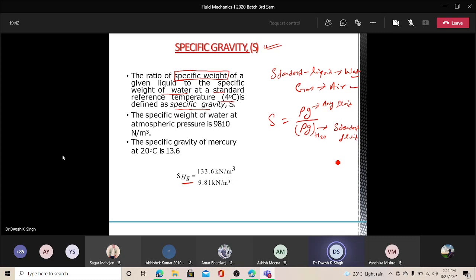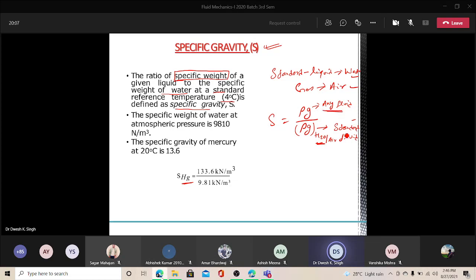Maybe if you are using other gases, then sometimes air is used also. But mostly you will find water. Sometimes in the definition you will find water, but it is basically a standard fluid. What is the specific weight of any fluid with reference to a standard fluid?